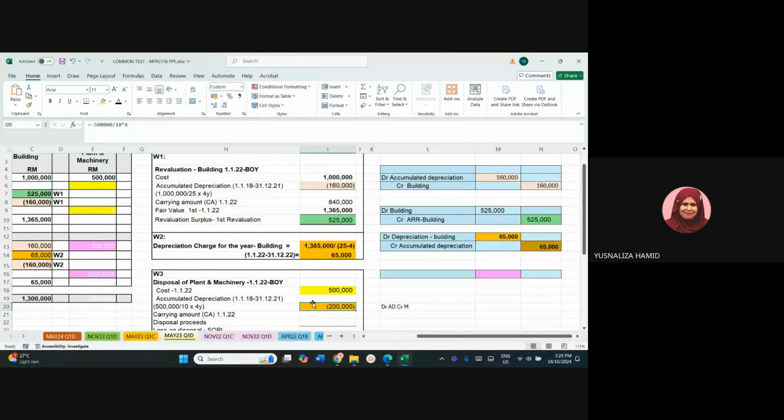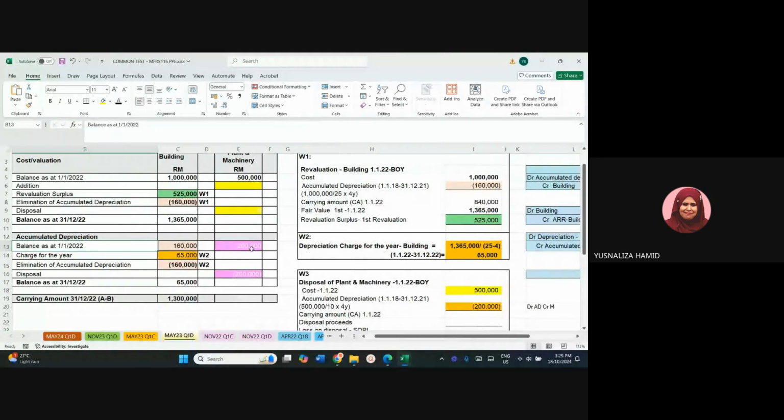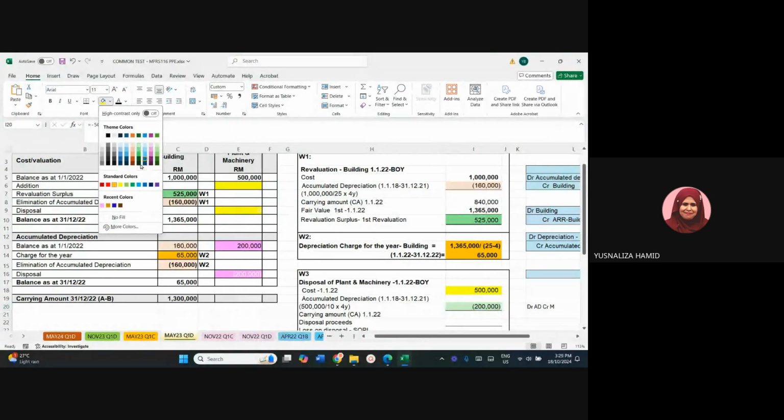Beginning of the year means since the company did not give you the accumulated depreciation balance. So what you calculate first, put it here. Put it in this section, put here 200,000, put here first as the beginning balance. So I put pink here so that you can see which one belongs to which.